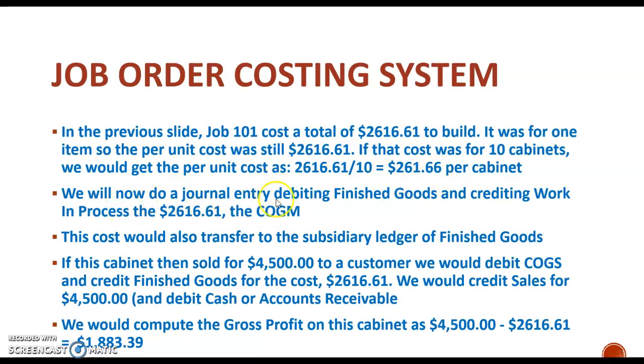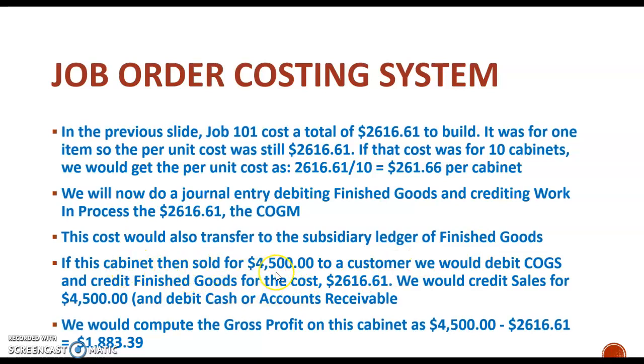Okay, the grand total cost, we're going to debit finished goods inventory. We're going to credit work in process for that cost, $2,616.61. We have a special name for that cost: cost of goods manufactured, COGM. Besides debiting finished goods, I would also put it into the subsidiary ledger that's attached to finished goods.